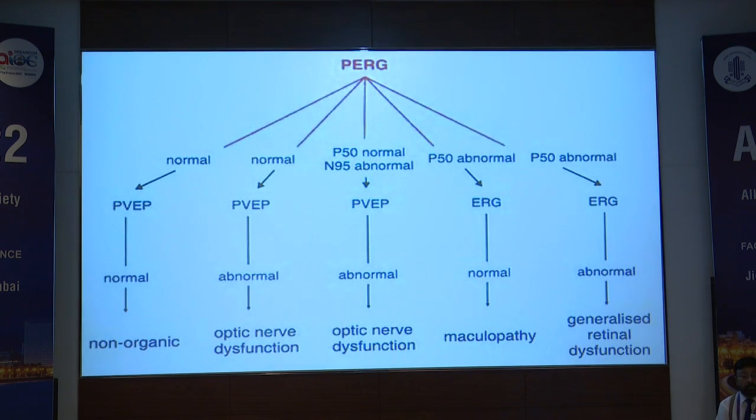So pattern ERG is always a supplement to visual evoked potentials and ERG, and various types of permutation and combination of results gives you various types of diagnosis, which usually in routine practice as retina surgeon or as general ophthalmologist we club into one.